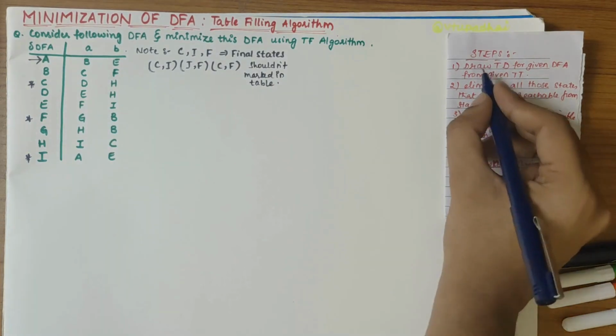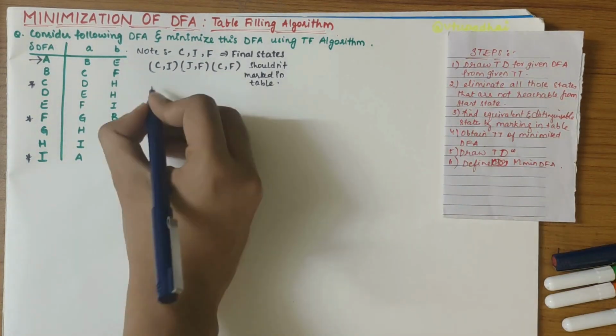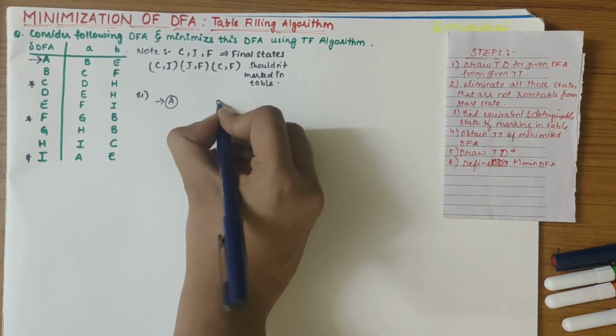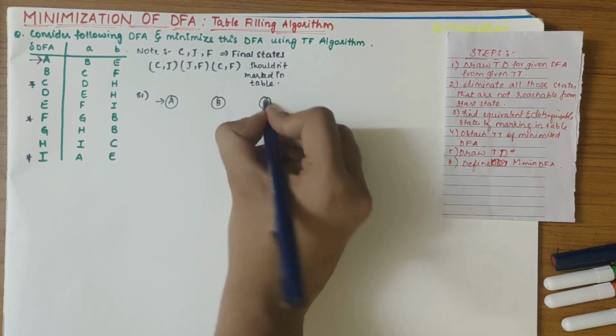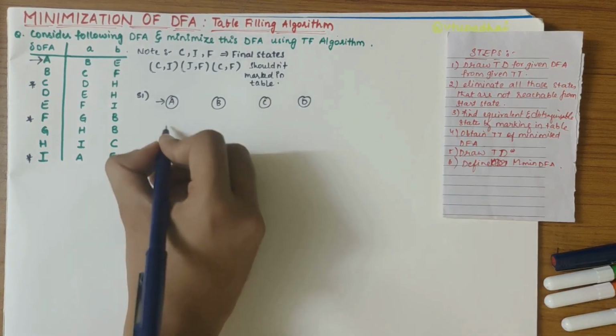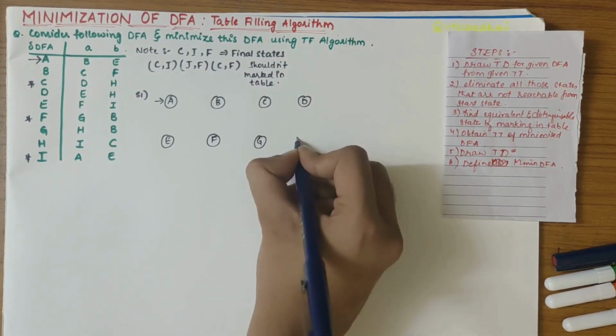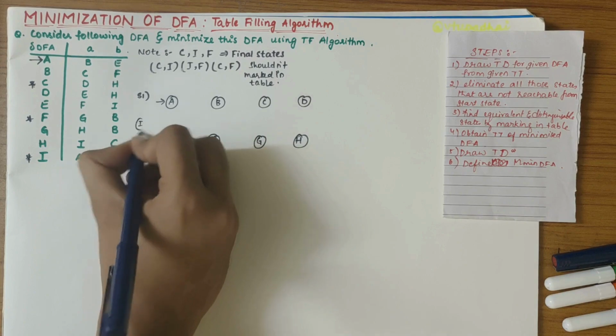So our first step is to draw the transition diagram for the given DFA. So let's draw the transition diagram. This is A, we have B, C, D, E, F, G, H and I here.